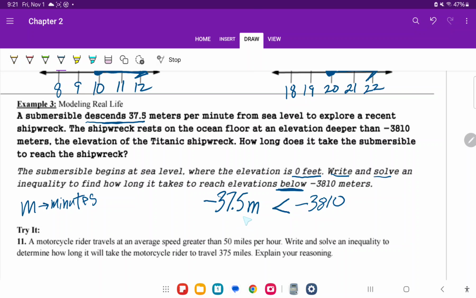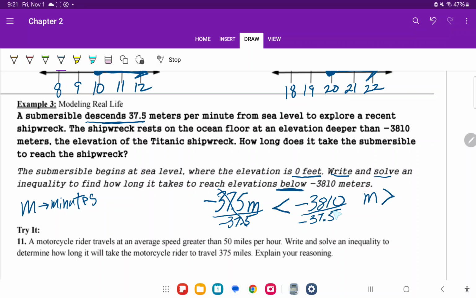Okay, so we're going to divide by negative 37.5. All right, so over here that's going to cancel, leaving me with M. And because I'm dividing by a negative, this has to flip directions.